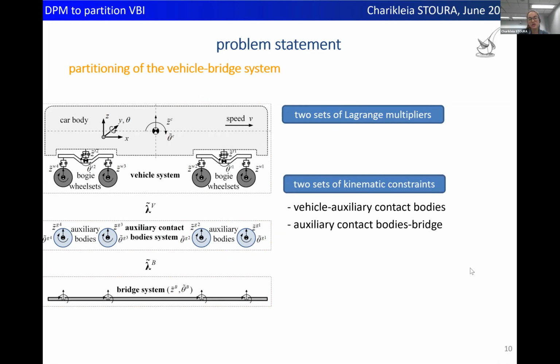Similarly, the kinematic constraints are formulated between adjacent systems. Thus, the intermediate auxiliary contact bodies separate the vehicle and bridge subsystems, but at the same time ensure compatibility. This is the main premise on which the algorithm is based, and following, I will also show you specifically the equations that describe the problem.